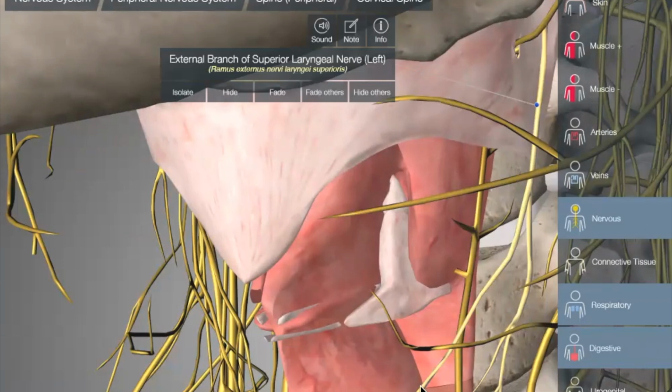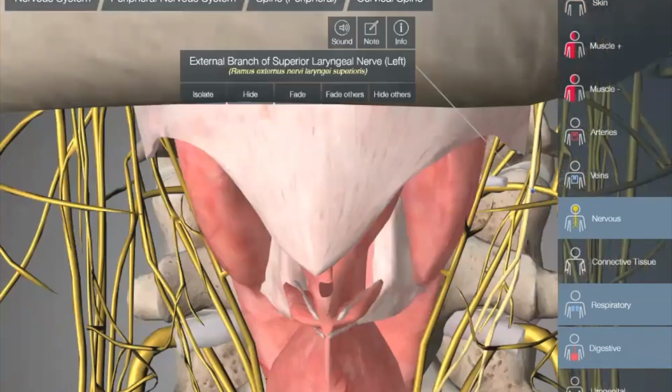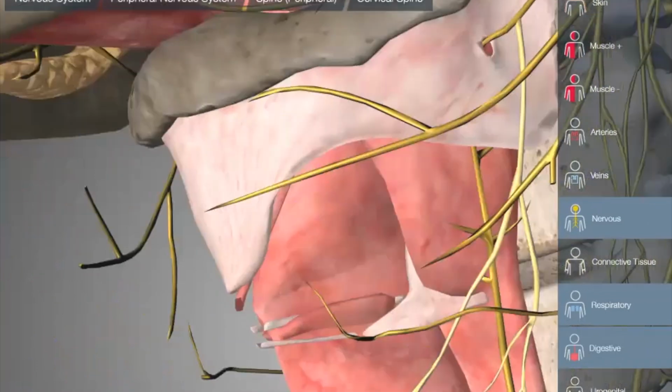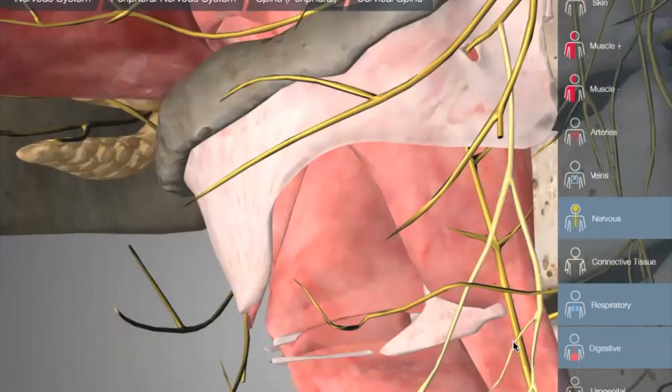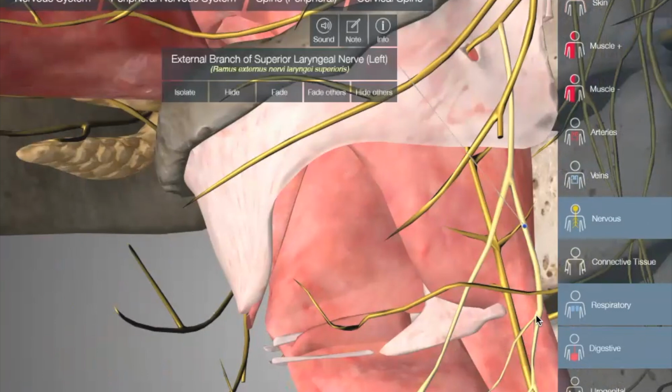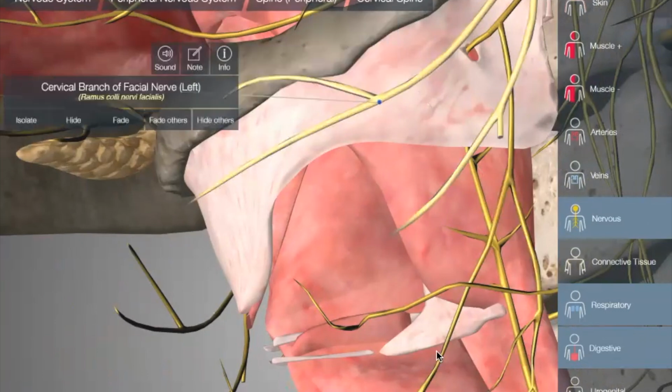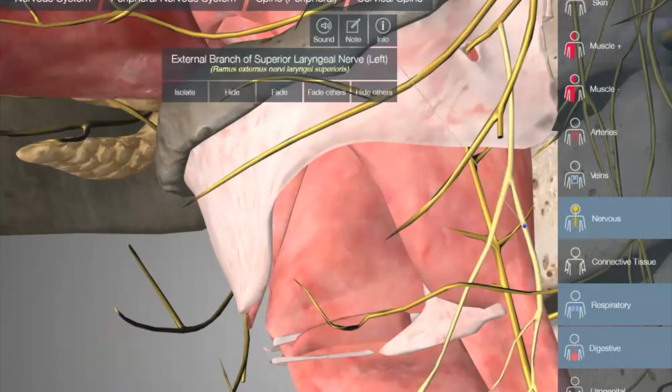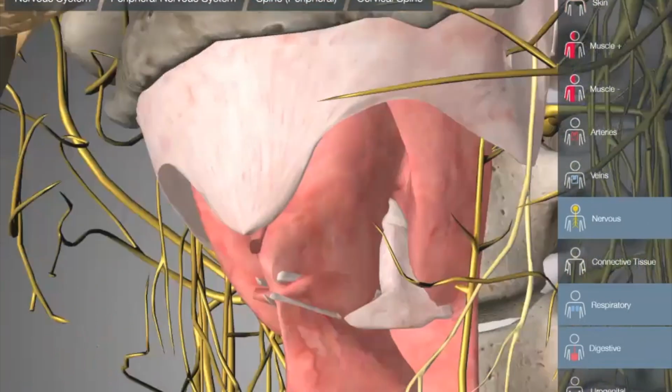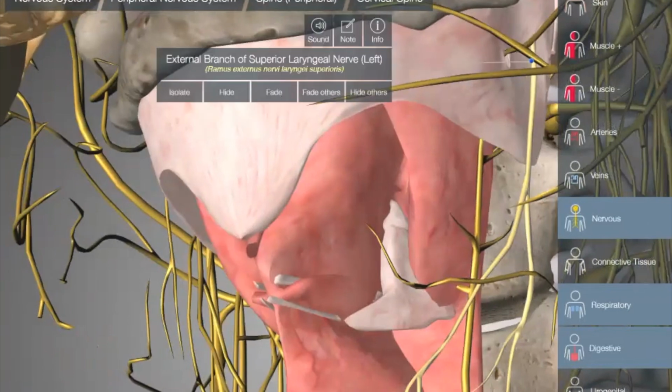Hopefully I can find it, maybe it's this. Yes, this is the external branch of the superior. Maybe this one as well. Yes, that's the one. Okay, I found one of them. So this branch is called the superior laryngeal nerve, but what I was talking about is the recurrent laryngeal nerve.